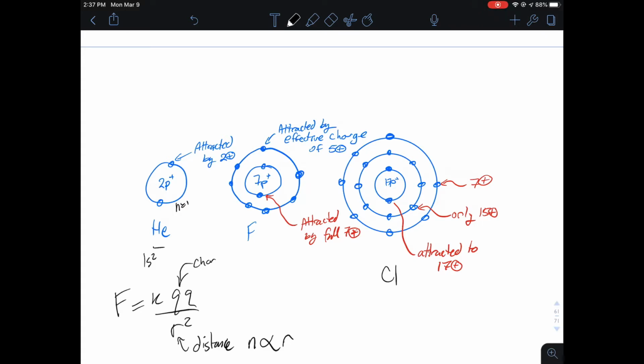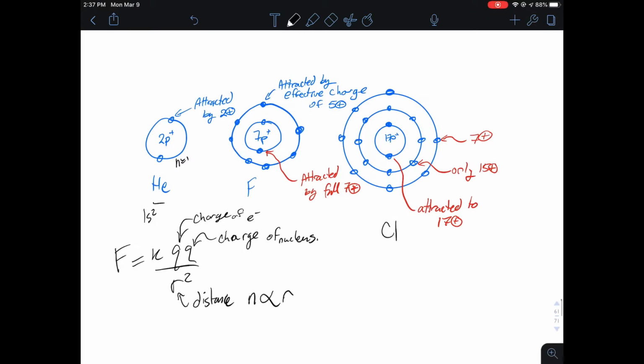And then q is the charge, so this is going to be the charge of the electron, and then this will be the charge of the nucleus. And that's going to play in a little bit into what's going to happen. For the case of helium, all of the electrons are equally attracted to the center nucleus.